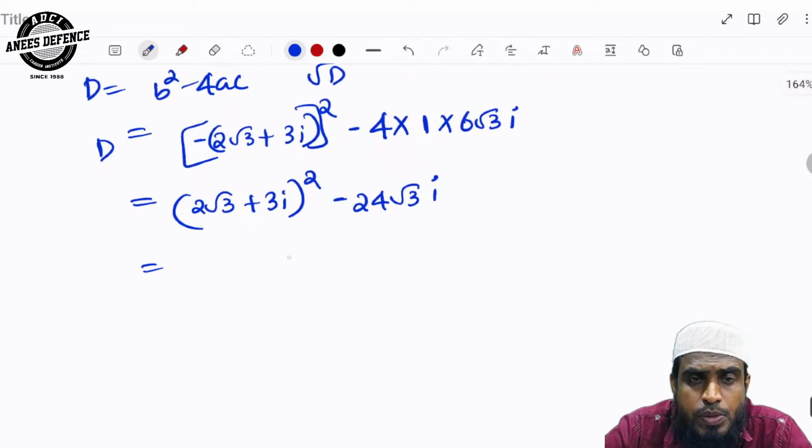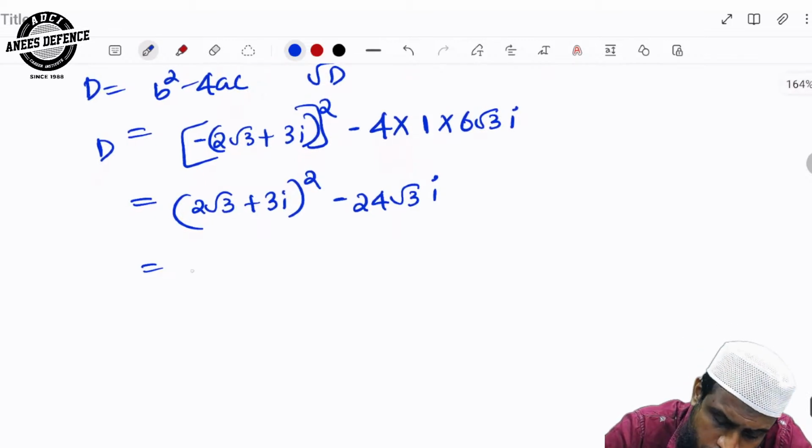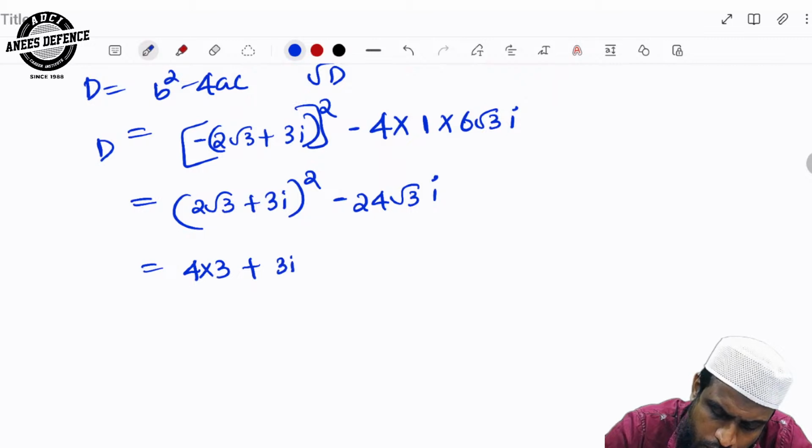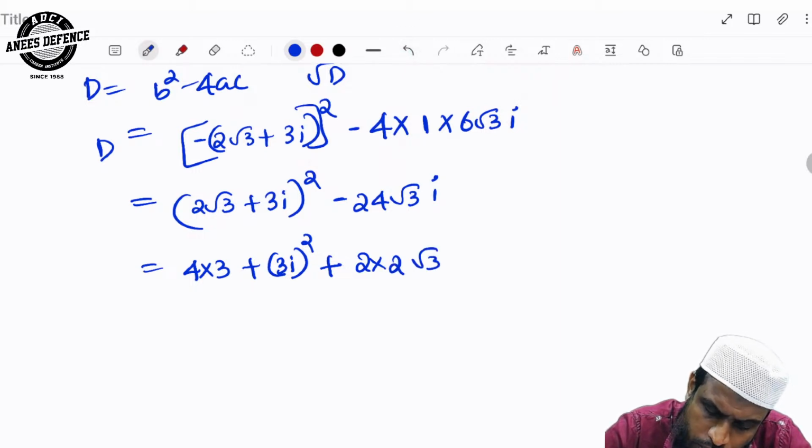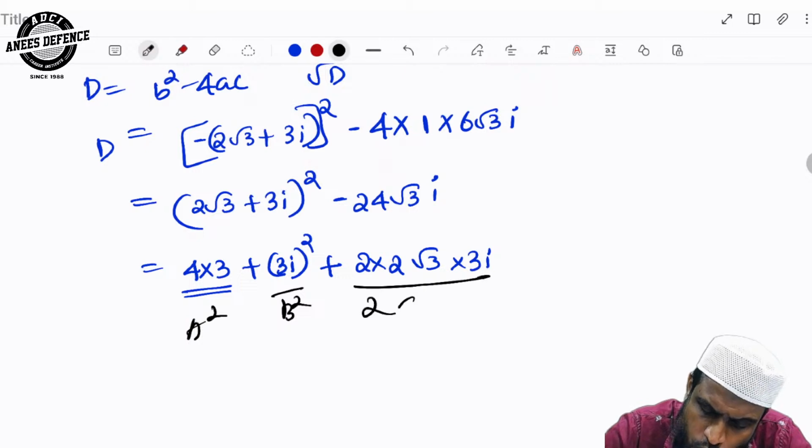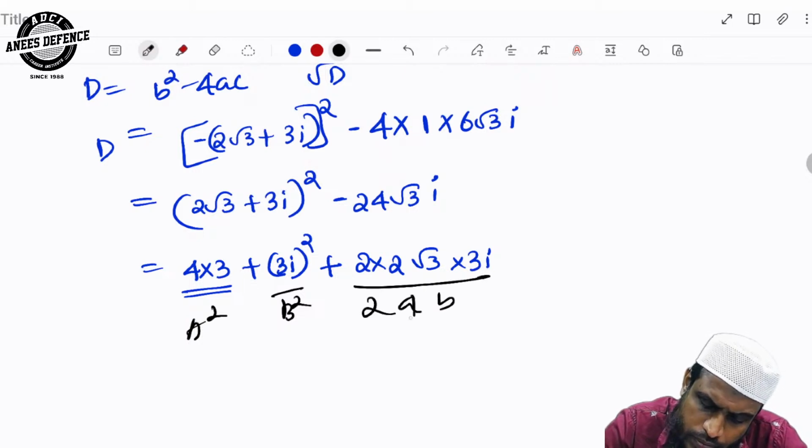So here you can apply a plus b the whole square. So 4 into 3 plus 3i square plus 2ab, meaning 2 into 2 root 3 into 3i. So this is a square plus b square plus 2ab, like that.